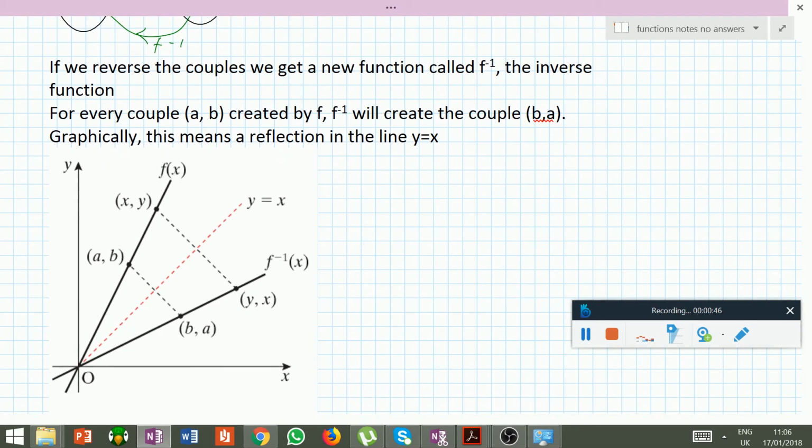For every couple (a, b) created, the inverse function will create the couple (b, a). Graphically, if you had a function f of x, its inverse is simply the mirror image of the original through the line y equals x.